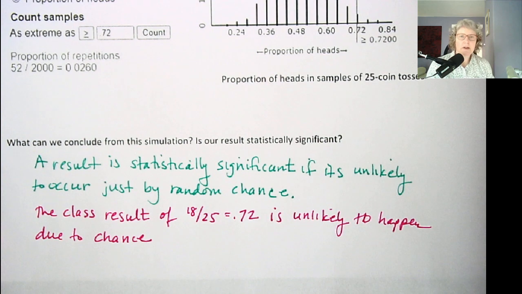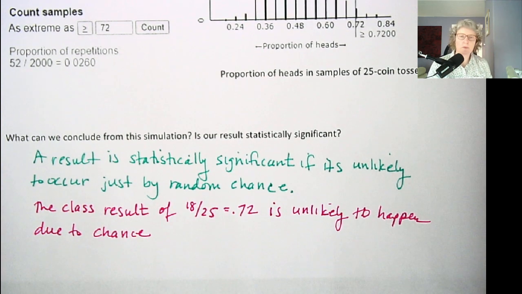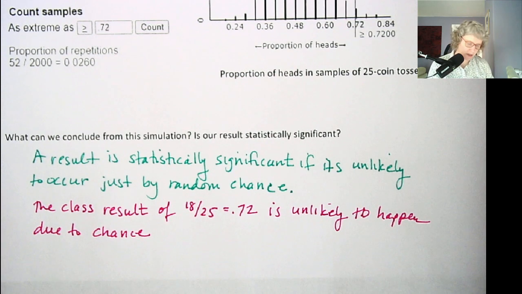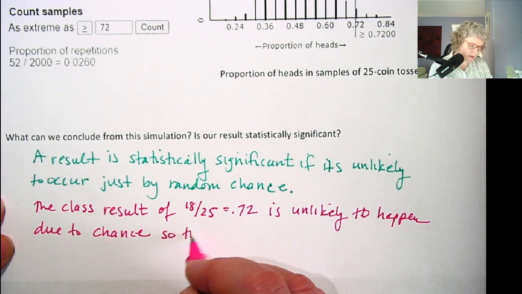And then we always want to write our conclusion in the context of the study, so that we can bring people back to what we were talking about, and so that it makes sense. So we could say, so there is evidence. We always talk about the evidence.